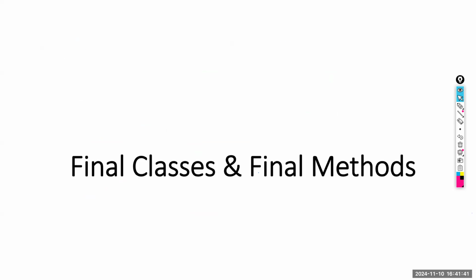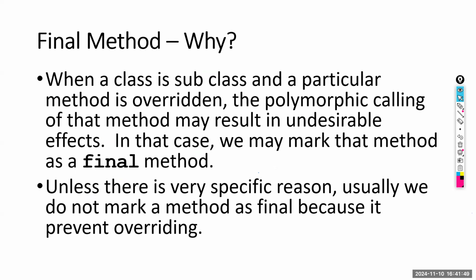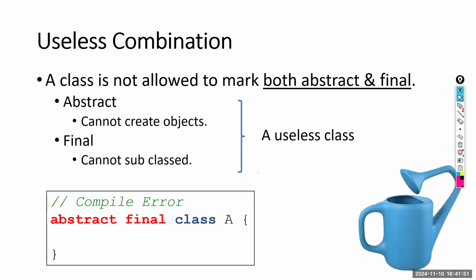Final class and final method I explained: a final method you can't override, and a final class you can't subclass. So this is a useless combination. A class cannot be both abstract and final, because with abstract you can't create objects, and with final you can't subclass.